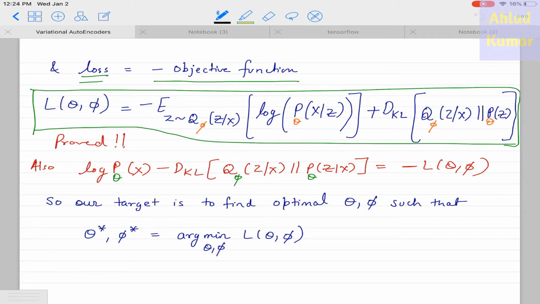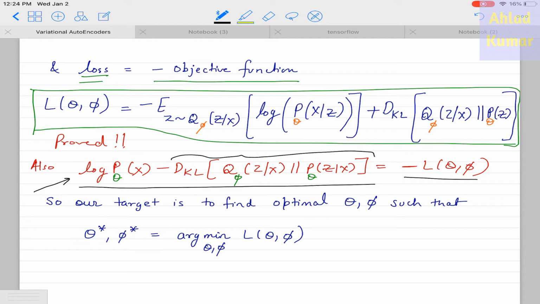So this is our loss function which is defined over here, and you can observe that this loss function has an inherent regularizer in it, which is defined by the KL divergence, and the reconstruction loss over here. So these are all inherently present in this loss function.